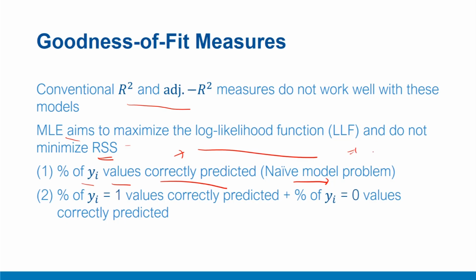So it is the total number of values that are correctly predicted, divided by the aggregate total number of observations. The other way would be the percentage of y equal to 1, that means positive cases, that are correctly predicted, and the percentage of y equal to 0 cases that are correctly predicted, and that is your accuracy of the model. You can take some sort of average of the percentage of y equal to 1 correctly predicted and the percentage of y equal to 0 correctly predicted to reflect the accuracy of the model.